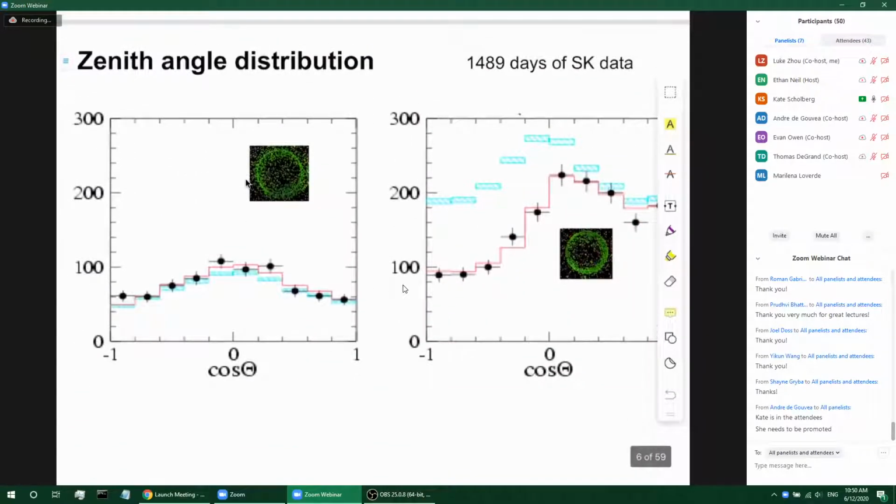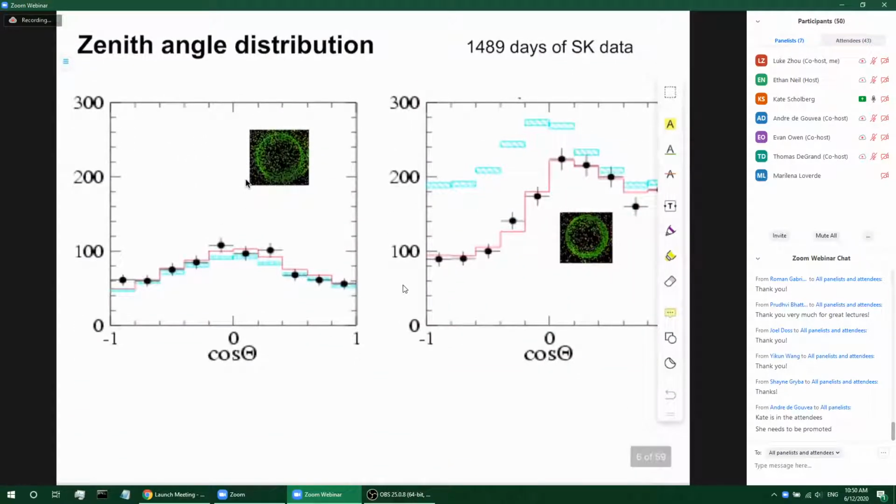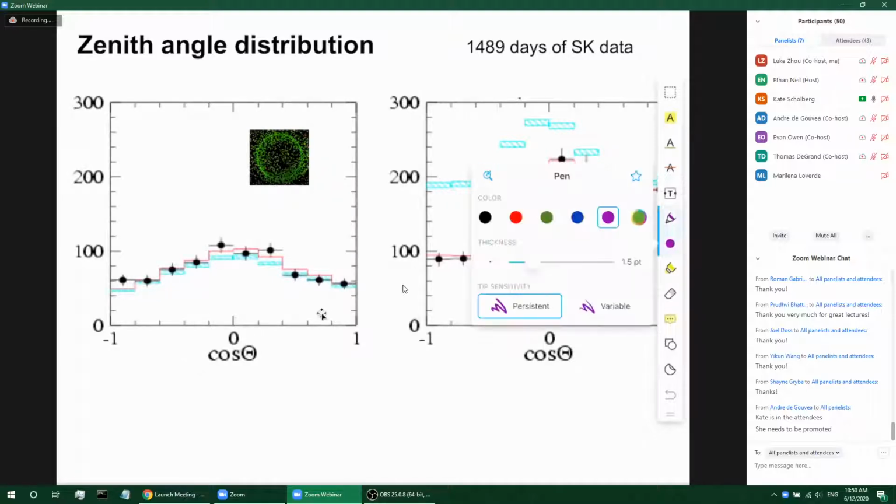Okay, so here's the first new one. This is the famous plot that was shown in around 1998 from Super K, showing the Zenith angle distribution. So this is the distribution of angles at which the neutrino rings were seen, where cosine theta, it's actually strictly a nadir distribution, but for some reason the convention is to call it Zenith.